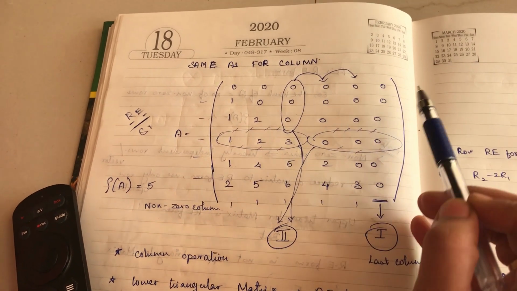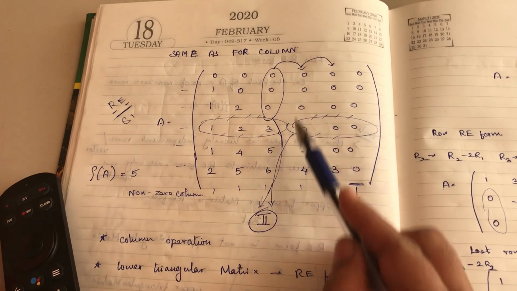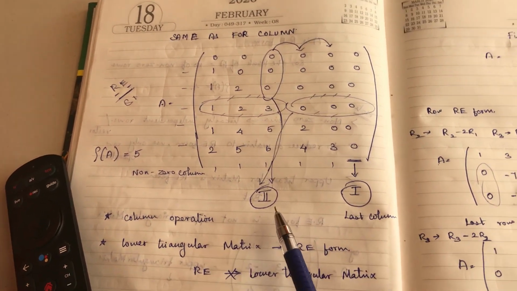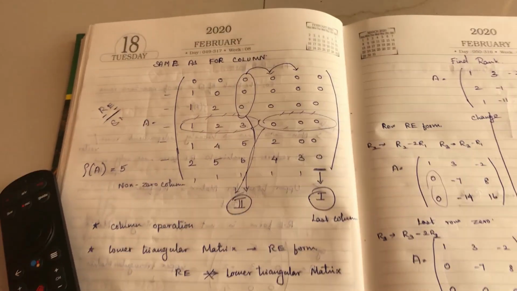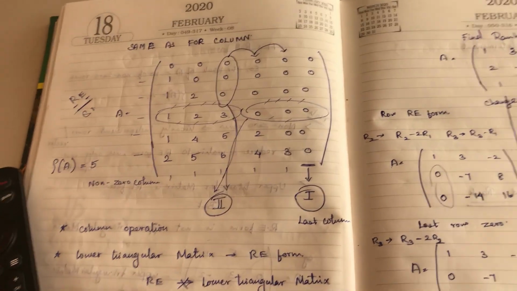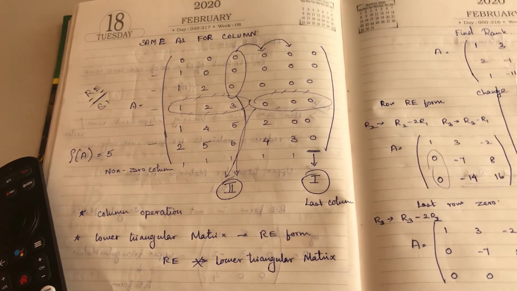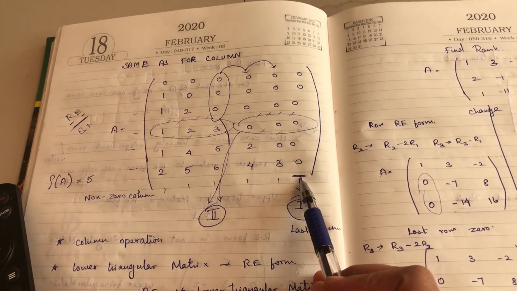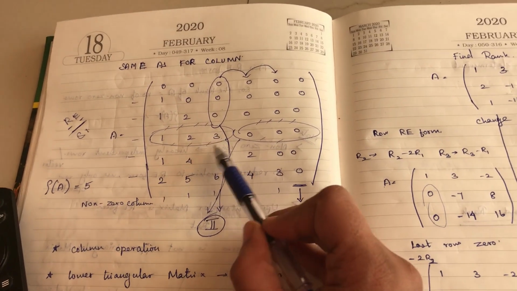Just compare with the next columns. These zeros are fewer than in those columns, right? If it is in this condition, this is the column echelon form. So this is the column condition. Before we saw the row condition, and this is the column condition. The column condition is nothing but the last column should be 0, and the second one is about the non-zero element.